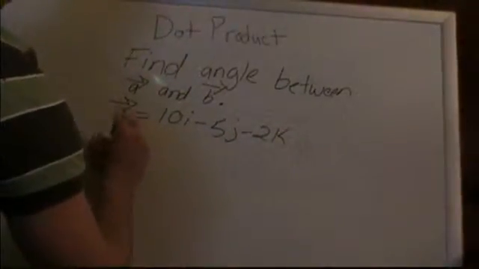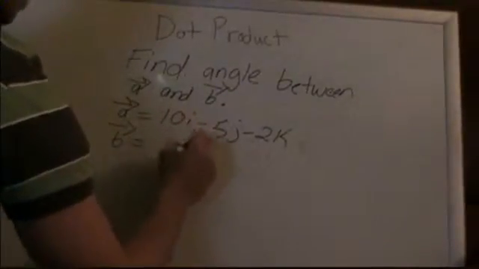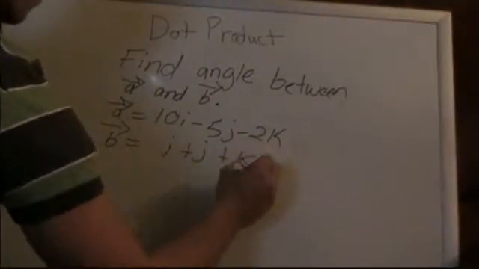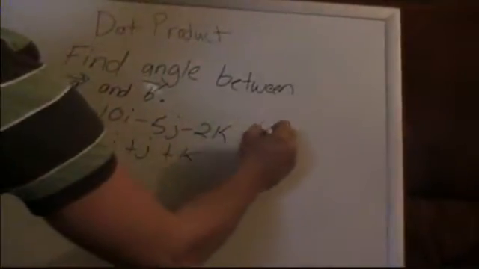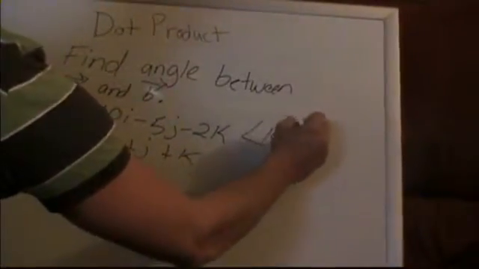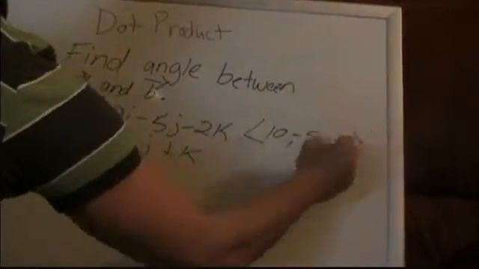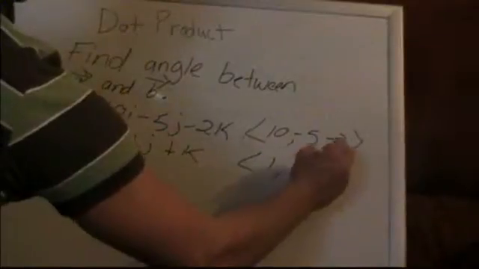And vector B, we'll do something simple. Let's just do i plus j plus k. And I wanted to show that could also just be written as 10, negative 5, negative 2 and 1, 1, and 1.